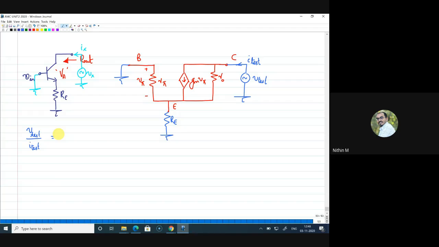Then only can I write what is V test by I test. Otherwise, if I leave V pi as it is, then gm V pi also will be there, and that will not help in finding the output impedance. So the very first thing for this analysis is to write what is V pi.